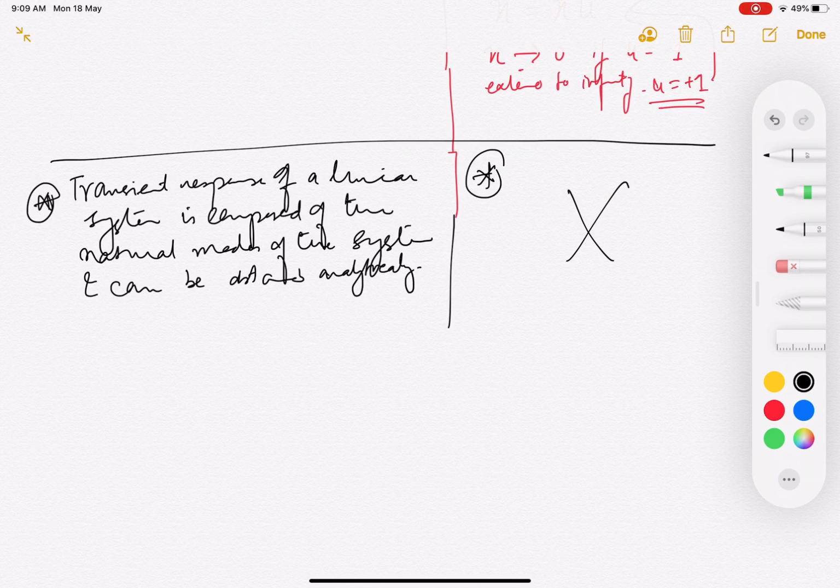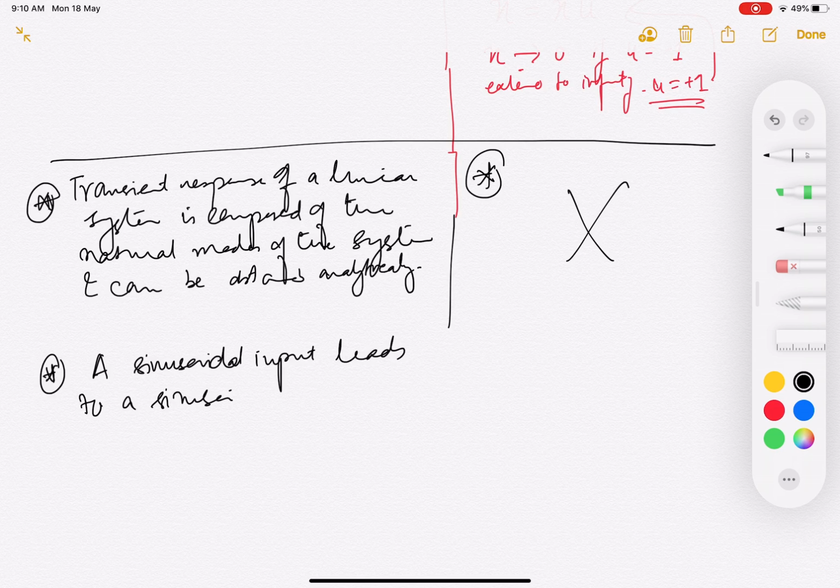And another important thing is that for linear systems, when you do sinusoidal steady state analysis, you know that a sinusoidal input leads to a sinusoidal output of the same frequency, right?